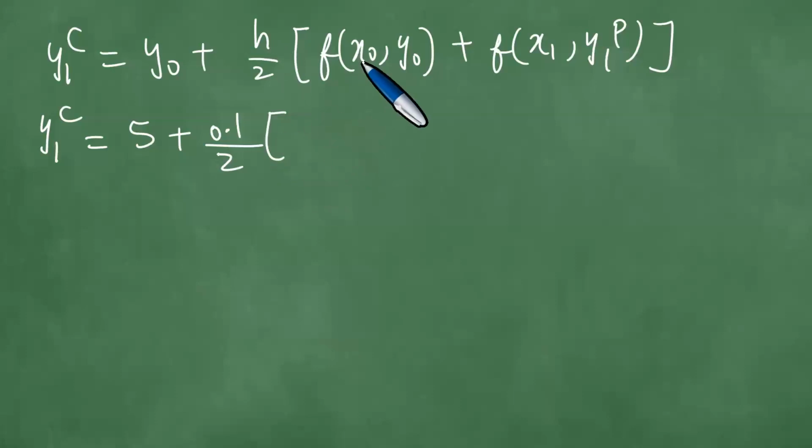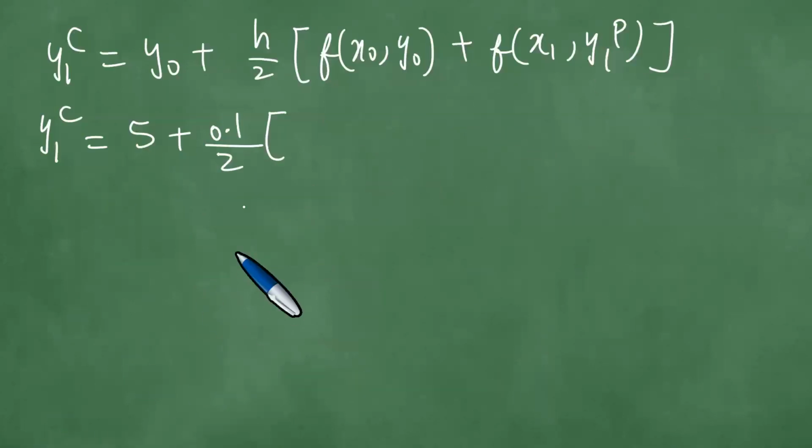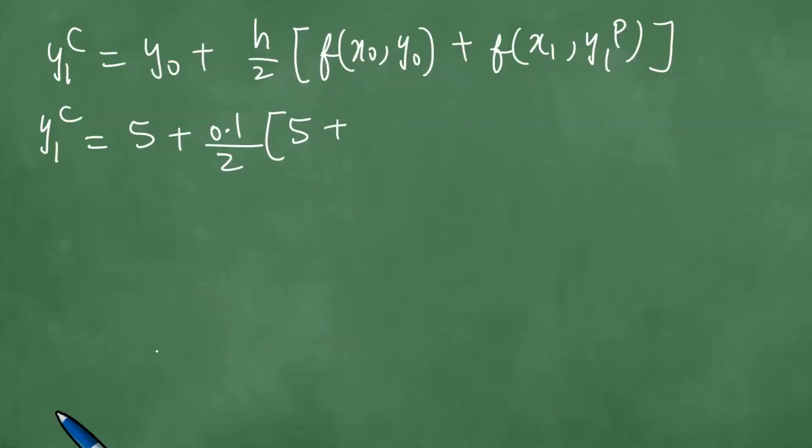And then here, f x0, y0, we've already got it. F x0, y0 is 5. Plus, then you have f x1, y1 predictor. We've already got this one, it is 6.05.